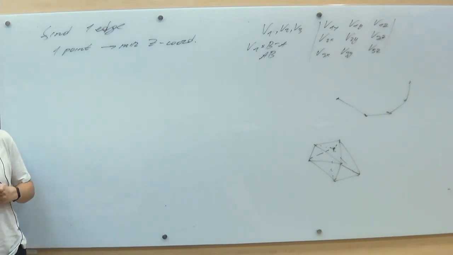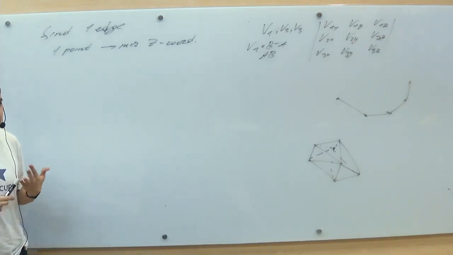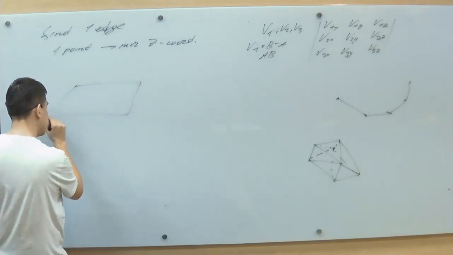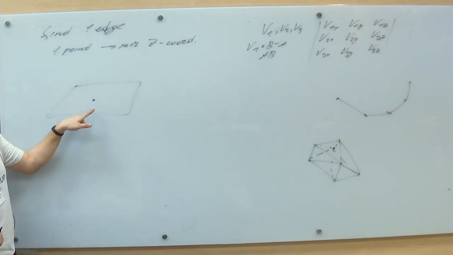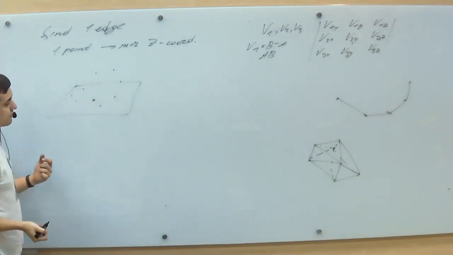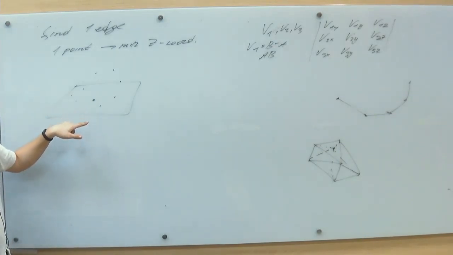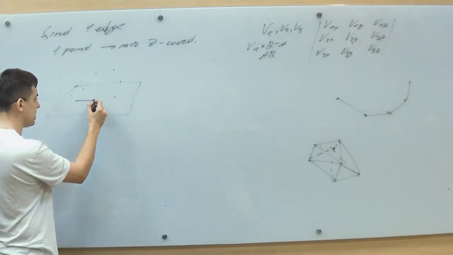Which one should be the second? Well, that's a hard question, right? So we have this minimum z coordinate, and all the other points are somewhere above it. So we should take the one that has the smallest angle with this plane.